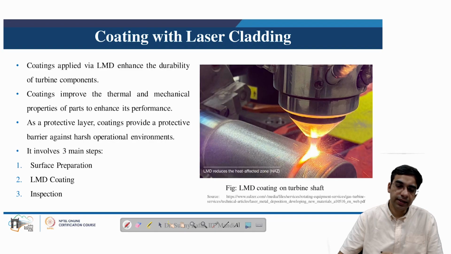Coatings act as a protective layer, protecting the components from harsh environments, and to deposit a coating using laser cladding, three essential steps are carried out. These involve surface preparation, then laser cladding or the LMD coating process, and third, inspection.